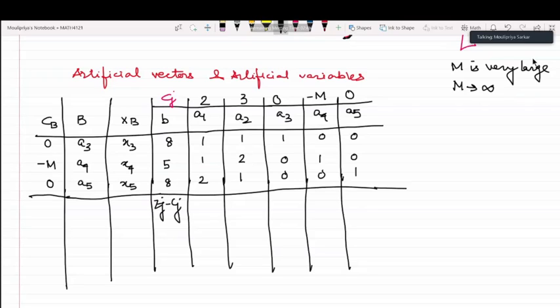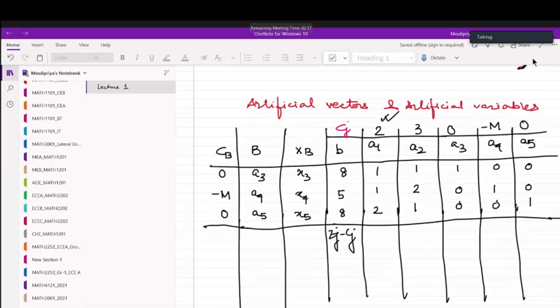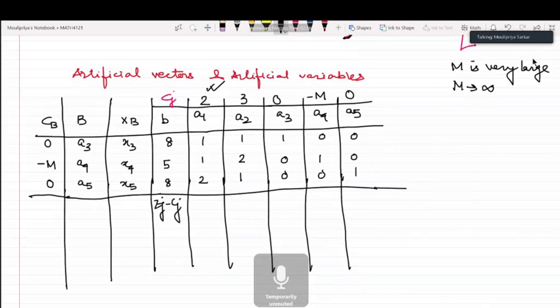How do we calculate the index number for A1? Tell me, what is Z1 minus C1?